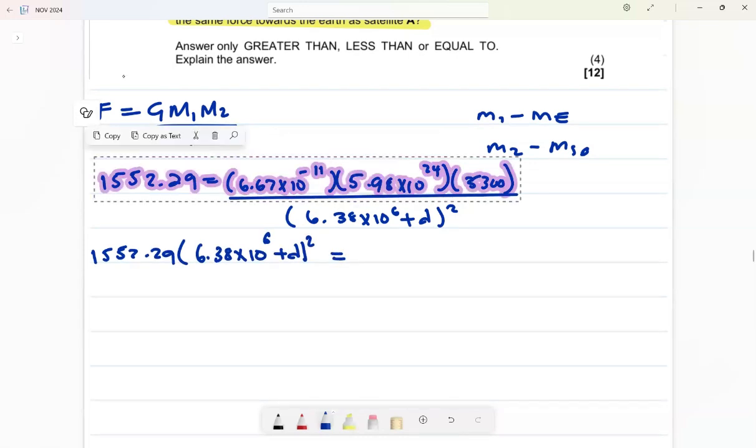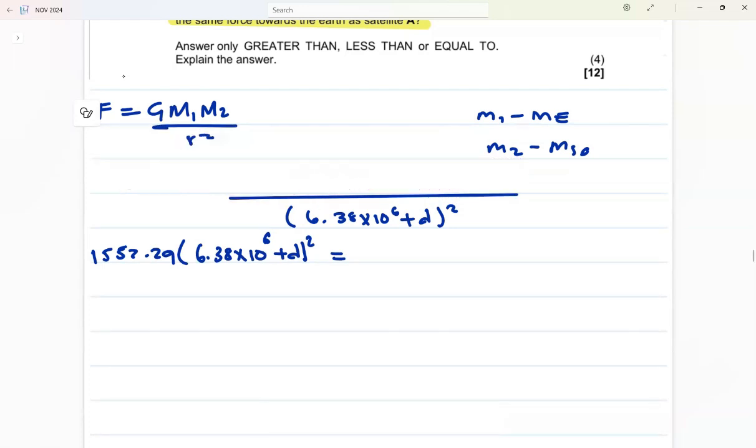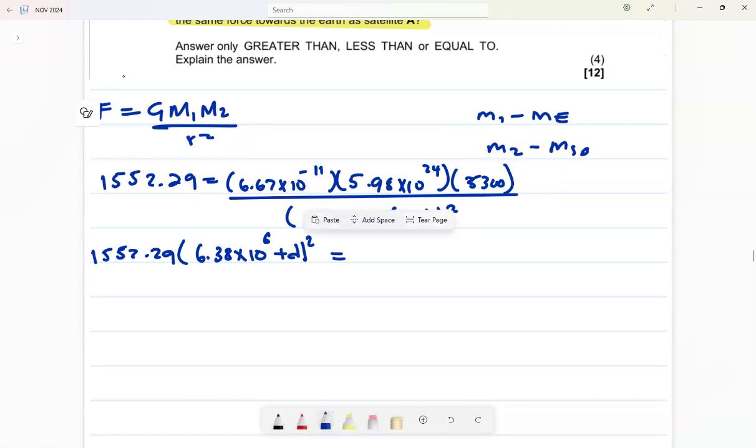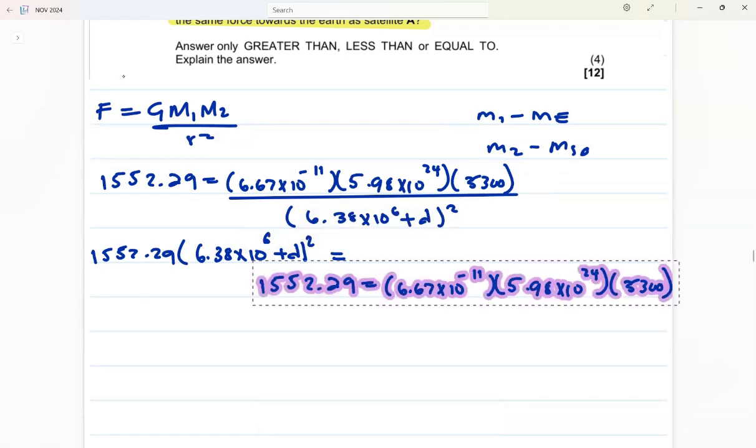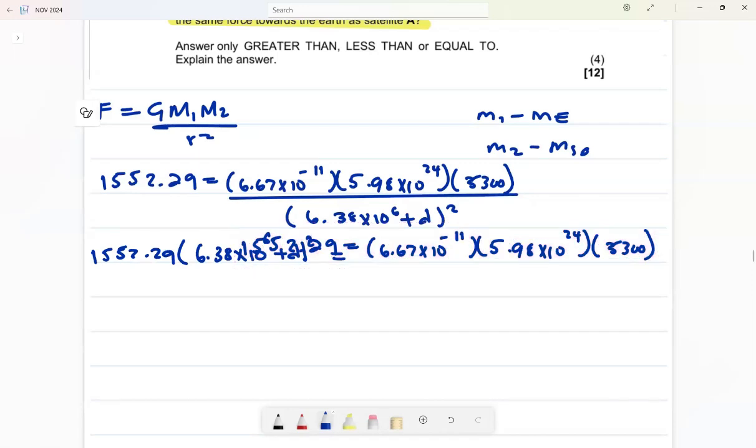And then I'm going to write this as it is here. Then I'm going to divide both sides by 1,552.29.